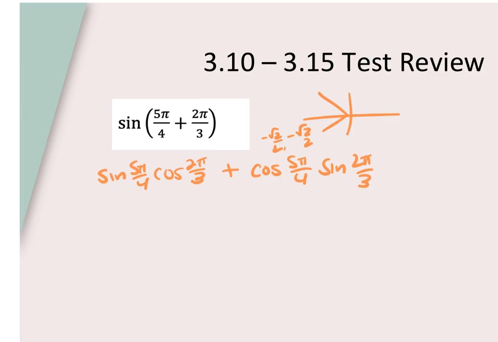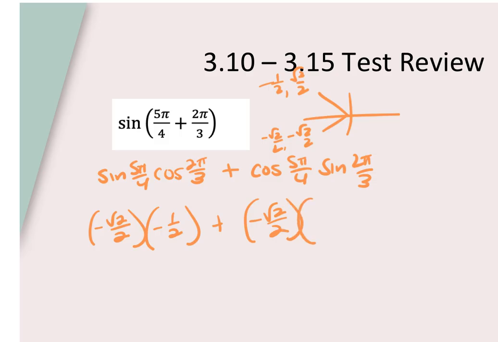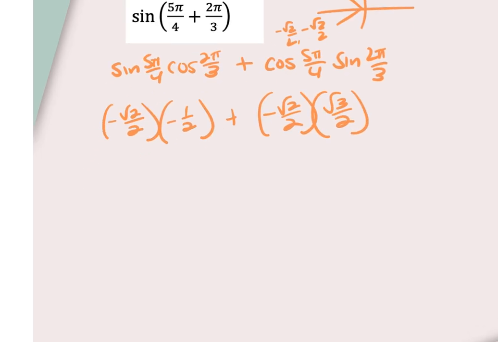And I'm at 2 pi over 3, which is negative 1/2, and root 3 over 2. So negative root 2 over 2 times negative 1/2, plus negative root 2 over 2 times a positive root 3 over 2. And then you get positive root 2 over 4 minus root 6 over 4.